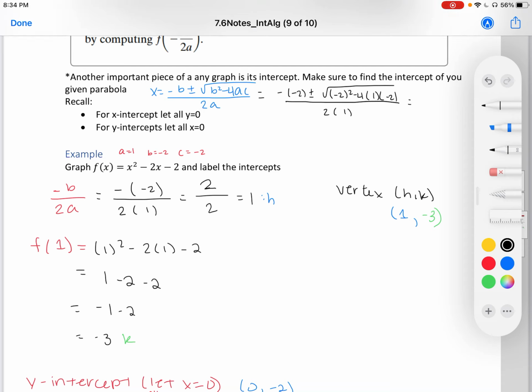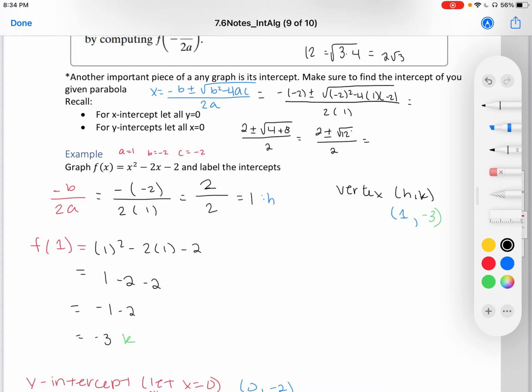And so we get 2 plus or minus the square root of 4 plus 8 all over 2. 2 plus or minus the square root of 12 all over 2. Now 12 is made up by 3 times 4, and I can take the square root of 4.